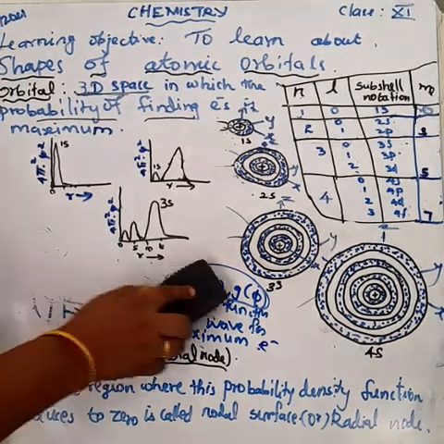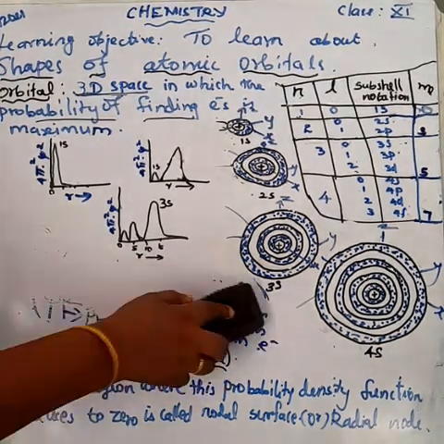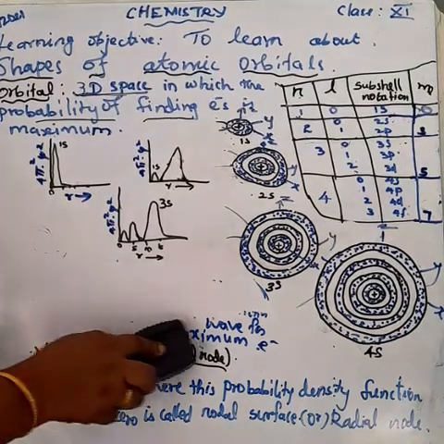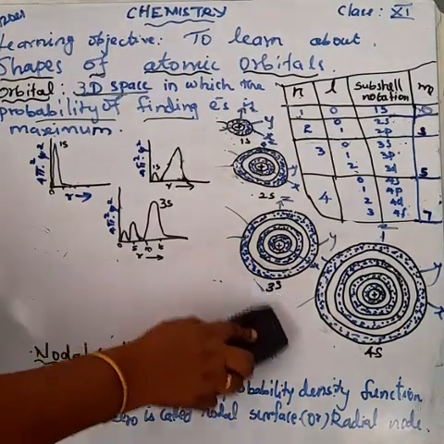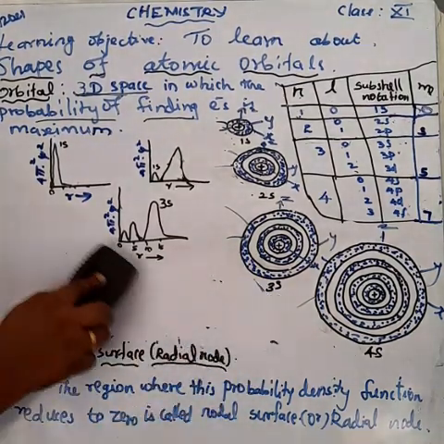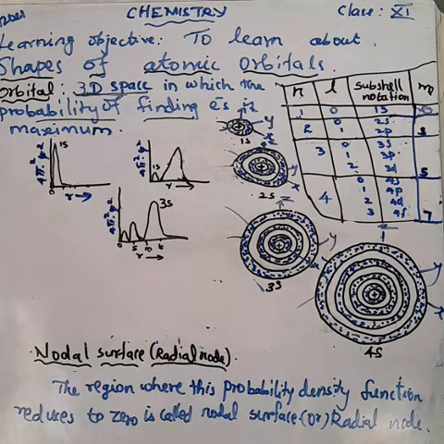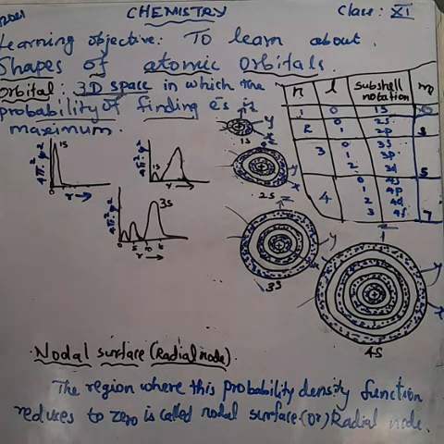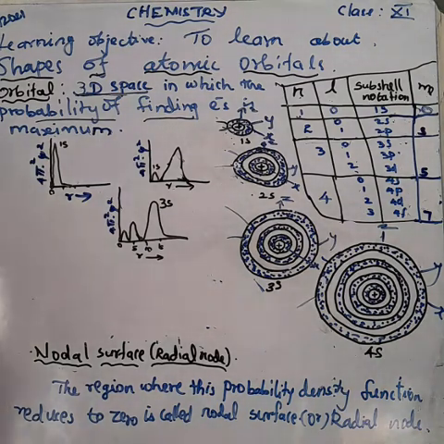The electrons revolve around the nucleus very fast. We cannot find the exact position of an electron, but when we take the square of psi, we can predict the maximum probability, that is 95% probability of finding electrons within a given volume of space.